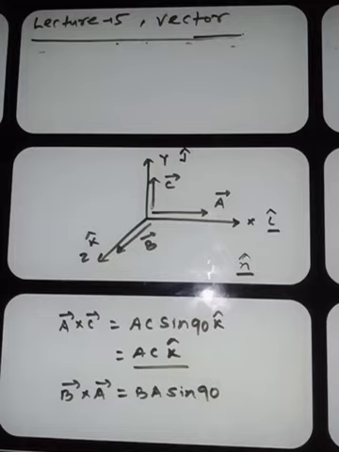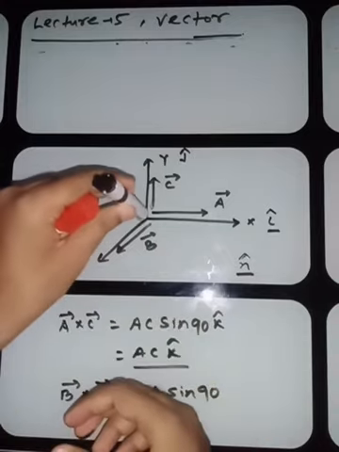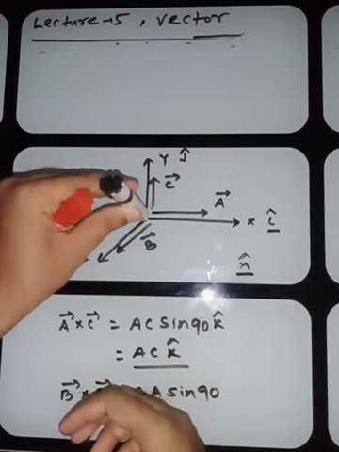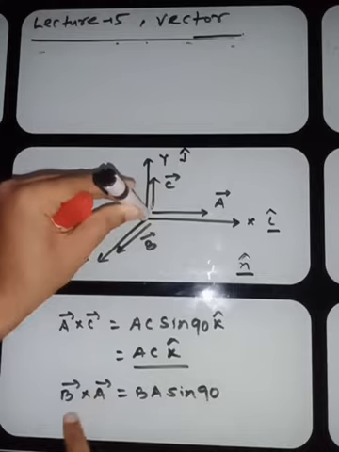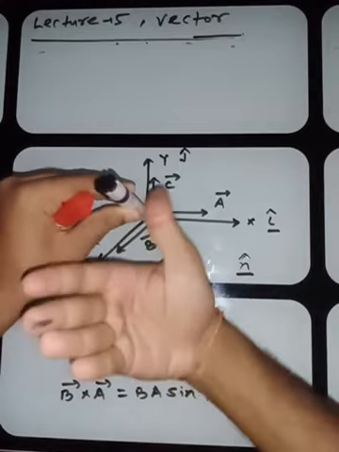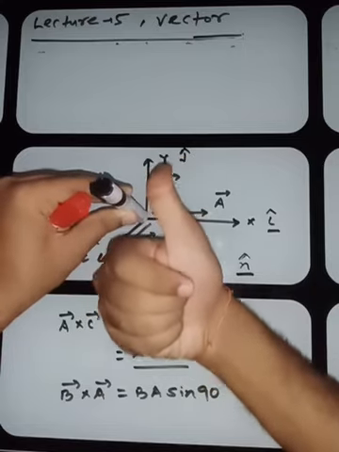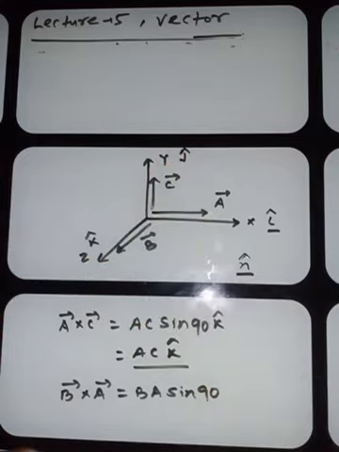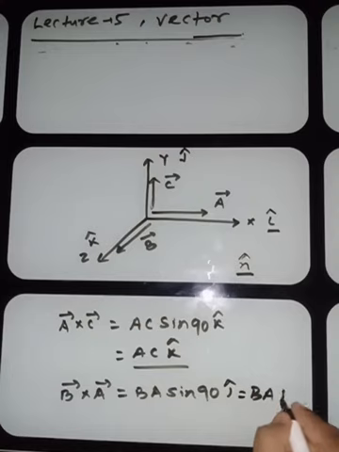Put the forefinger along B. Remember, B is perpendicular to both A and C. So put your forefinger along B and go towards A. So this is B, and this way B and A. So this is the n cap, it means j cap. And this is the answer: BA j cap. I hope you understand, my dear students.